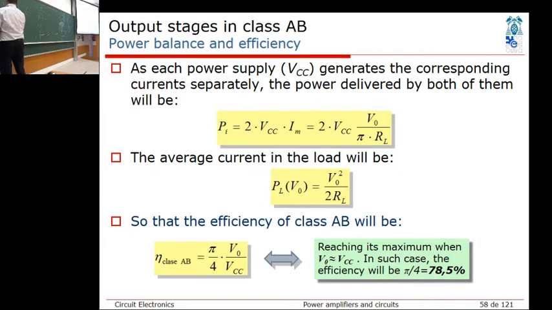So how much power the power supply is giving is 2 times VCC times IM. And with calculus done by Javi, we got 2 times VCC times the signal amplitude divided by pi times RL.